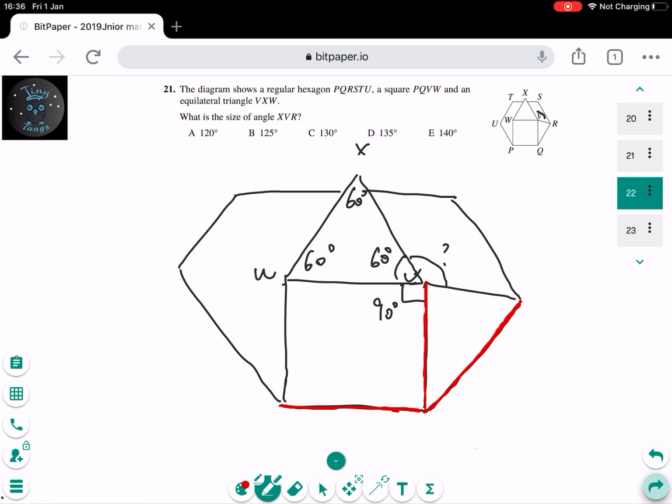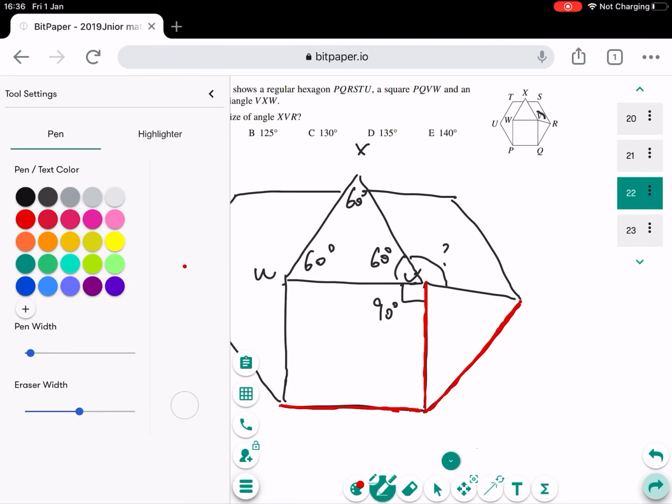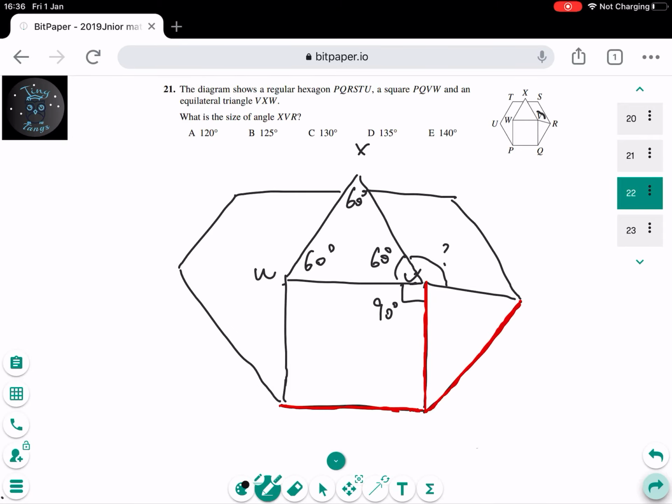So that means triangle VRQ is an isosceles triangle with these two sides the same.